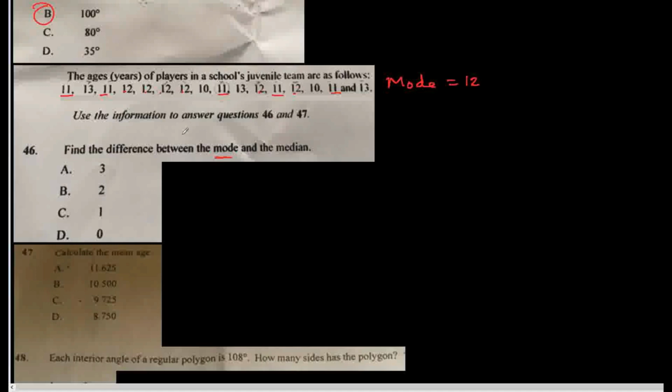Now they're saying the difference between mode and median. So for median we'll have to rearrange them. There are 2 10s. Let me circle them. Then we have 5 11s. Then we have 6 12s.